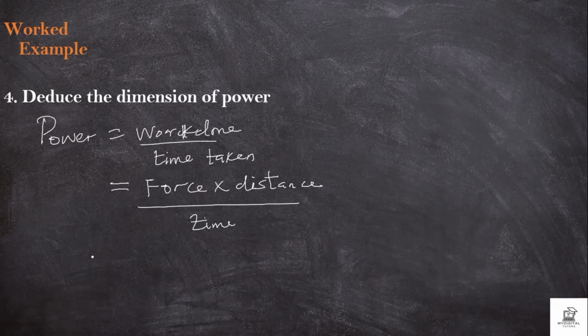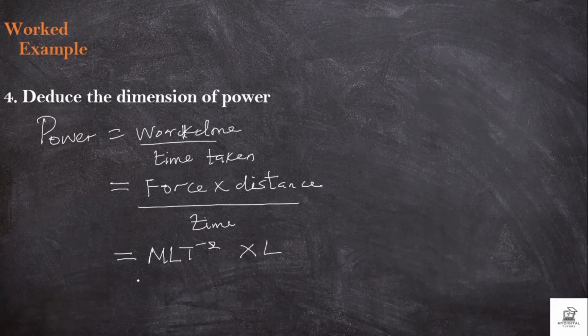Now, again, using the derived unit of force, which you have already gotten, right? The derived unit of force from what we got is MLT minus 2. This is mass times acceleration. That is linear acceleration. Then multiply by what is the dimension of distance?